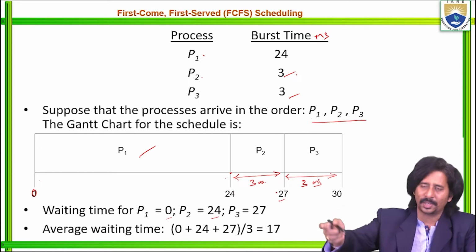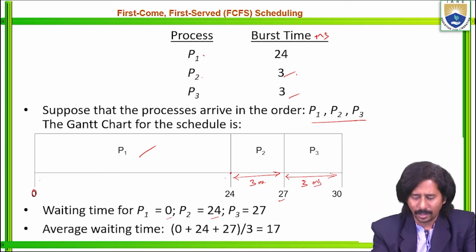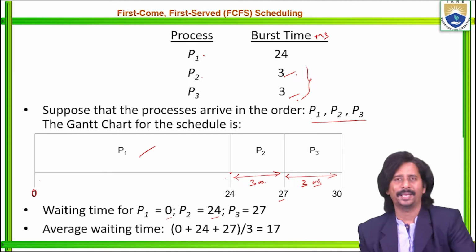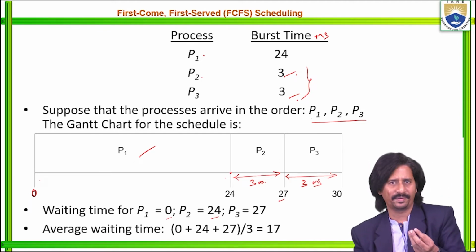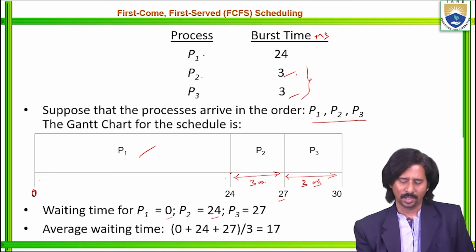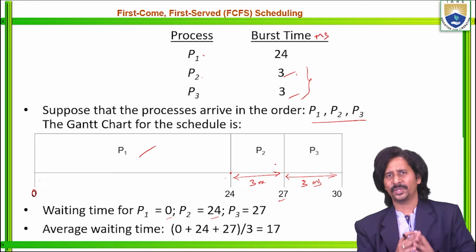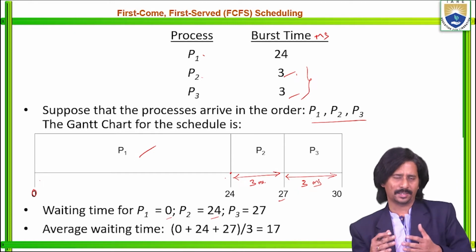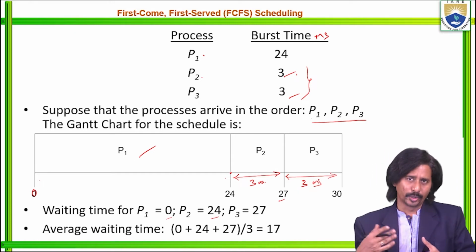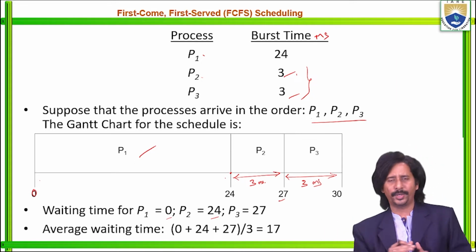One important point here: rather than its burst times, because P2 and P3 have very little time compared to P1, that is the 24 milliseconds, the FCFS scheduling algorithm executes the processes in the order they arrived into the queue.